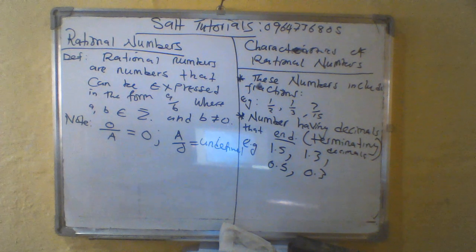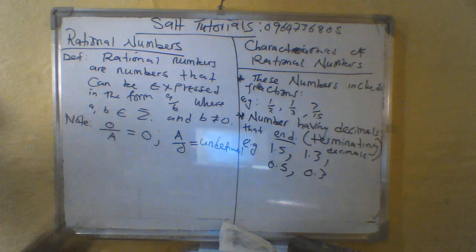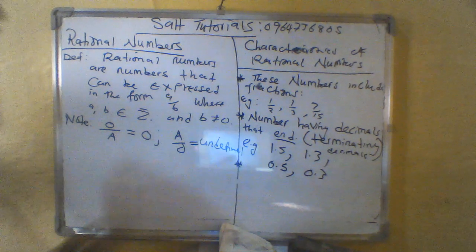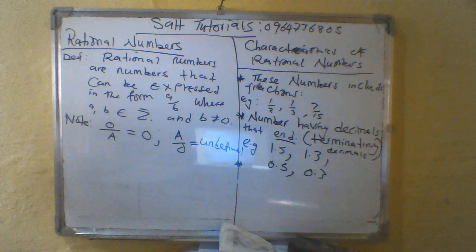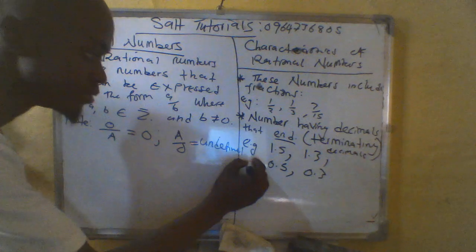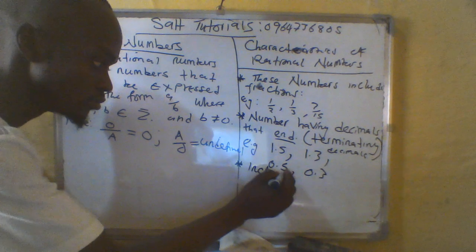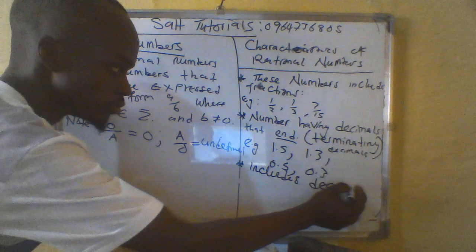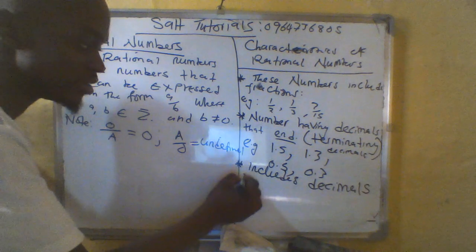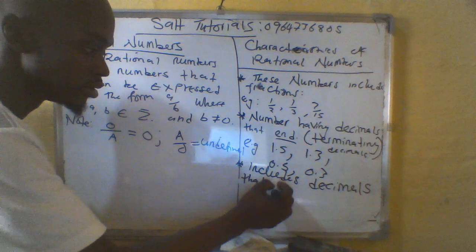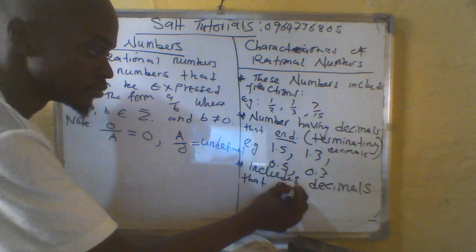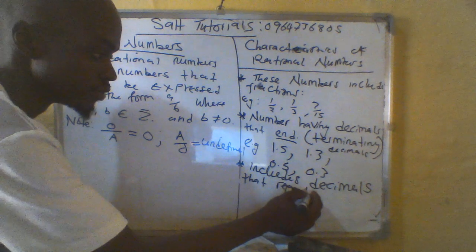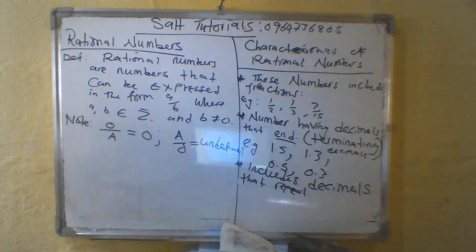The last characteristic which you have to understand is that rational numbers include decimals that repeat. What do I mean?